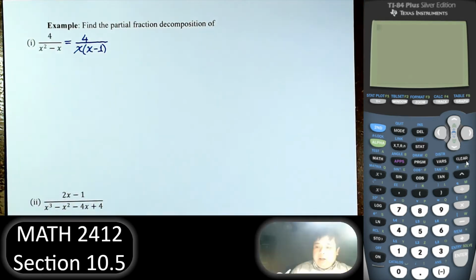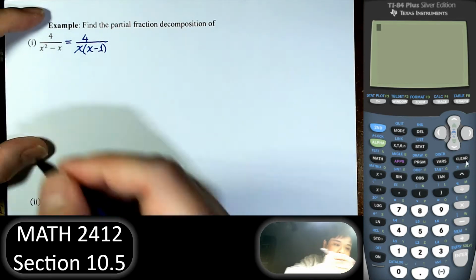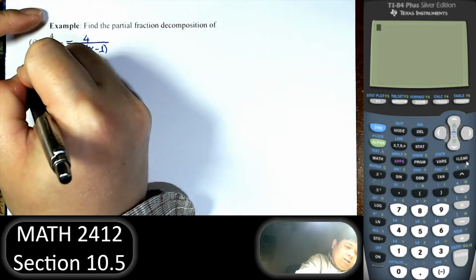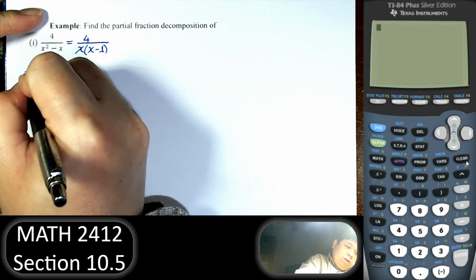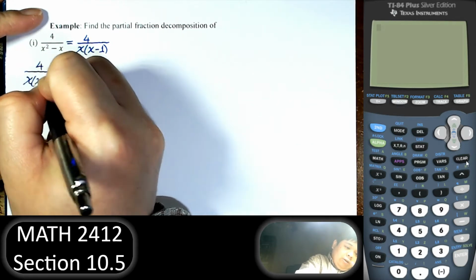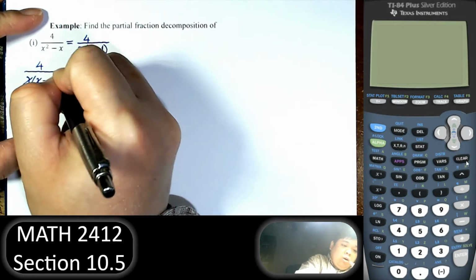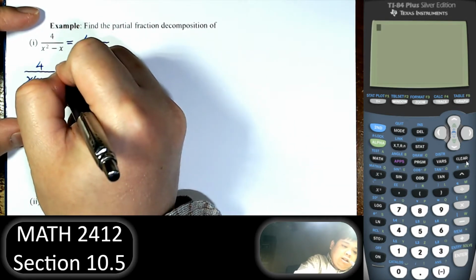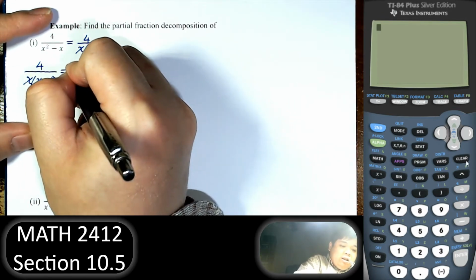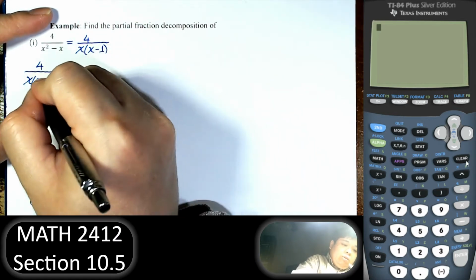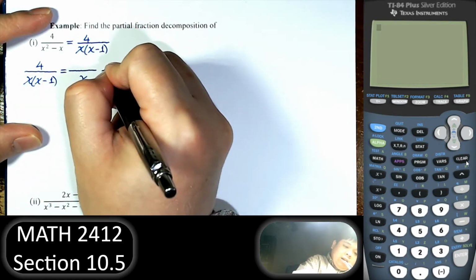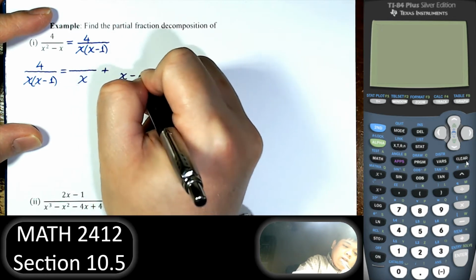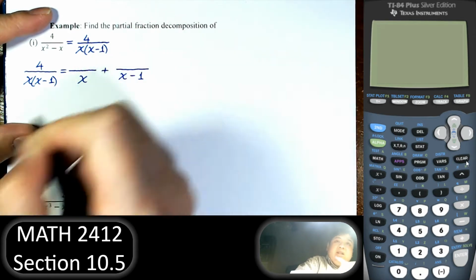Now, the partial fraction means, I'm just going to start with this. If the denominator is just linear factors, then we have one of them is x, and the other one is x minus 1 at the denominator.